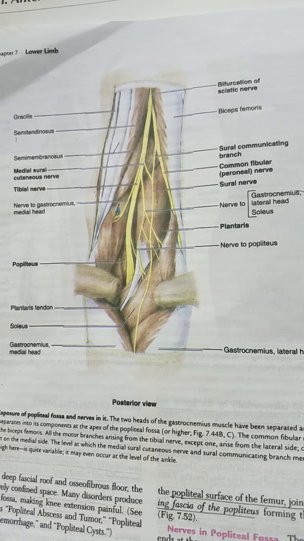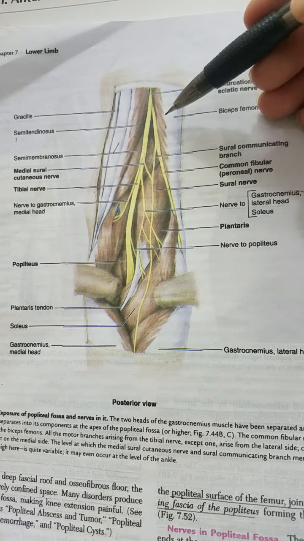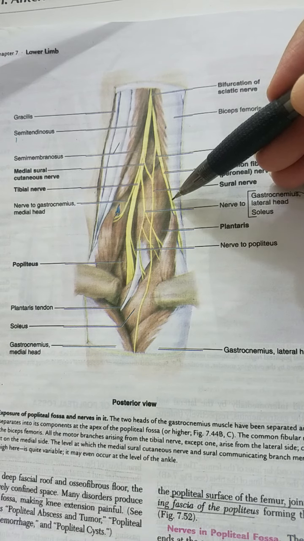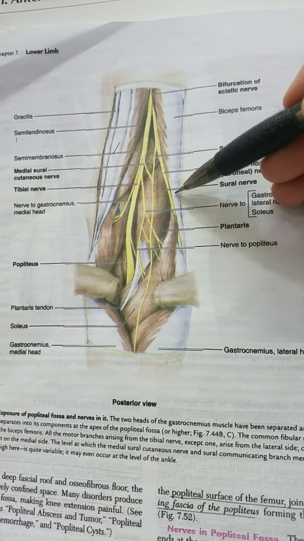Talking about the common peroneal nerve, this one is the lateral smaller terminal branch of the sciatic nerve. Now it originates from the sciatic nerve at the superior angle or the apex of the popliteal fossa. Now it closely follows the medial border of the biceps femoris muscle as well as its tendon.